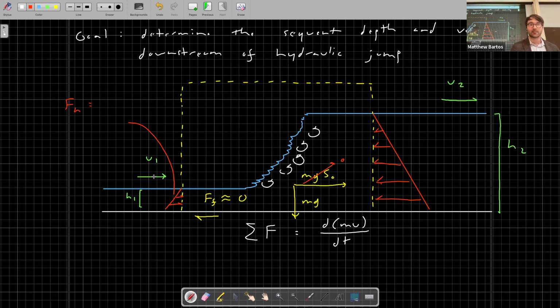This will be given by rho times g times the centroidal height times the area at the upstream end. Let me just quickly go through where this comes from. This is something you looked at in fluid mechanics.